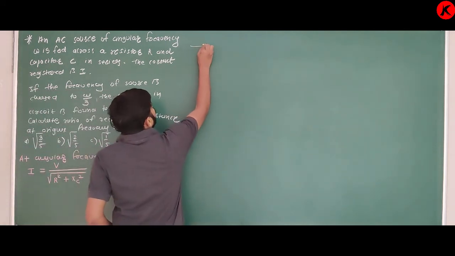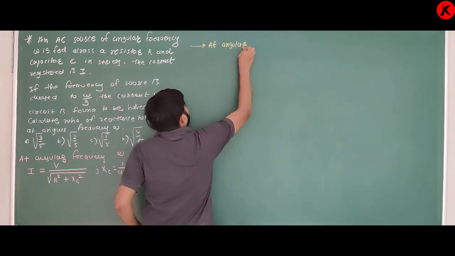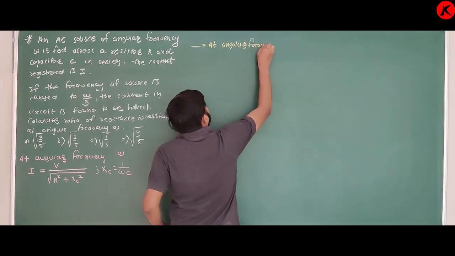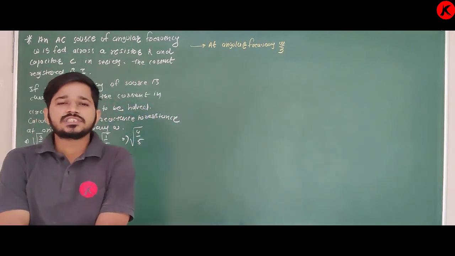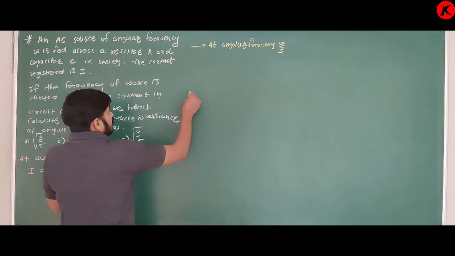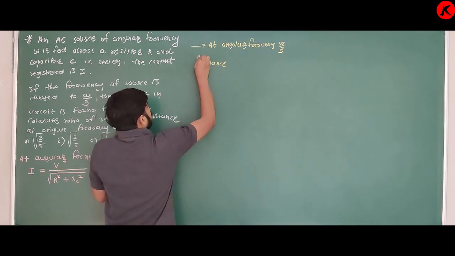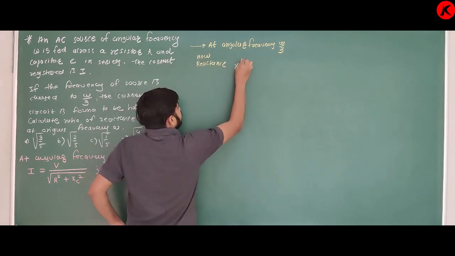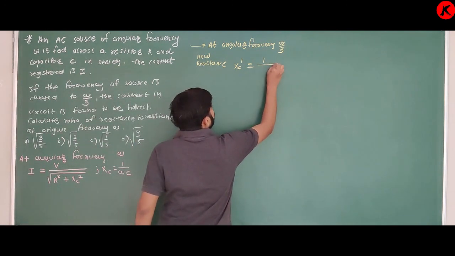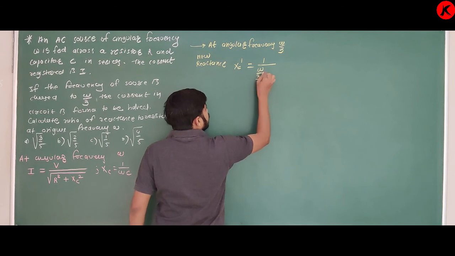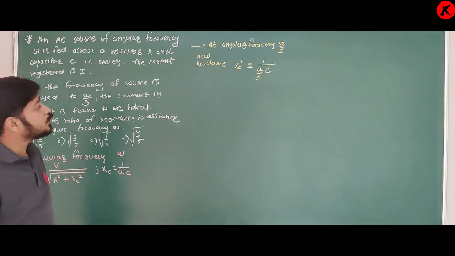So at angular frequency omega by 3, the new reactance XC dash is equal to 1 upon omega by 3 into C, angular frequency into capacitance.